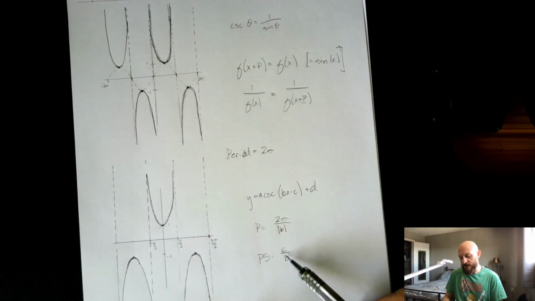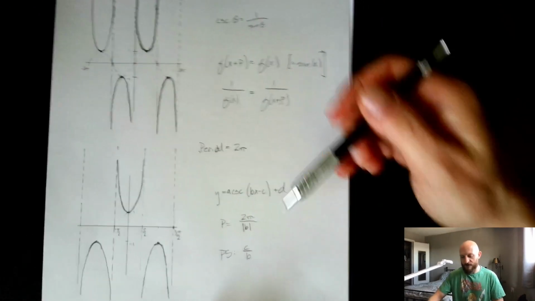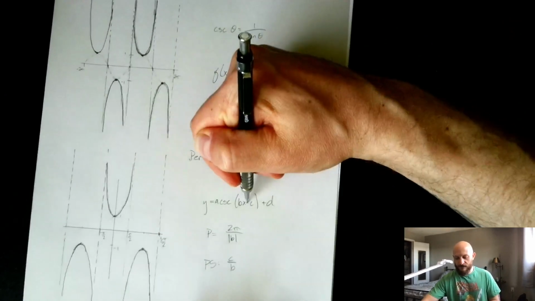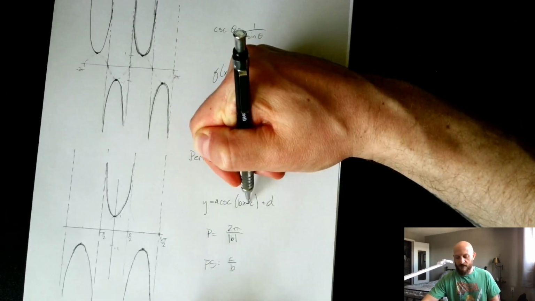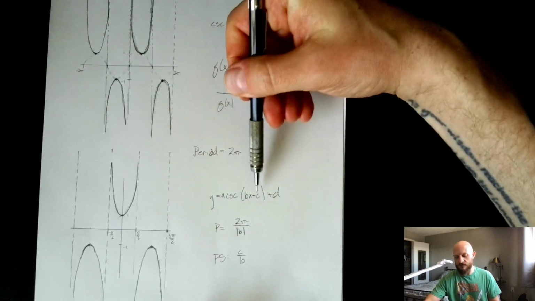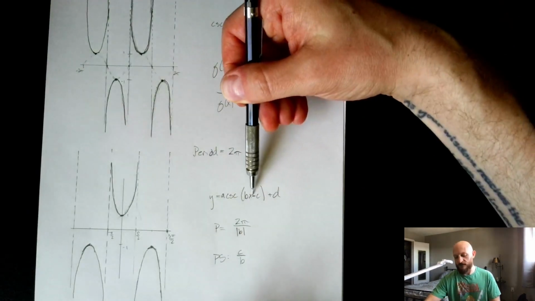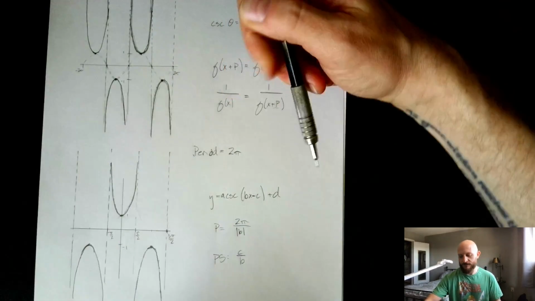If C over B is negative, it's a phase shift to the left, which is kind of counterintuitive because there's a negative in here. So if you see this minus sign, it's the same thing with sine and cosine: if there's a minus sign in here, it's going to be a shift to the right. If it's a plus sign in there, it's going to be a shift to the left.